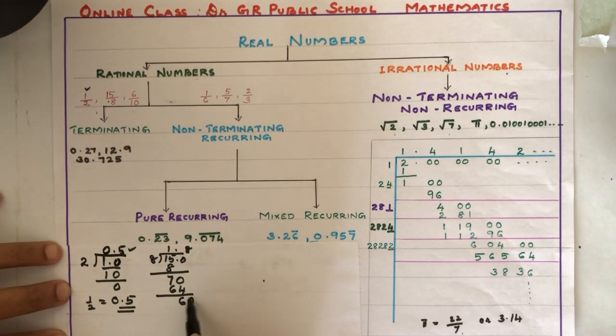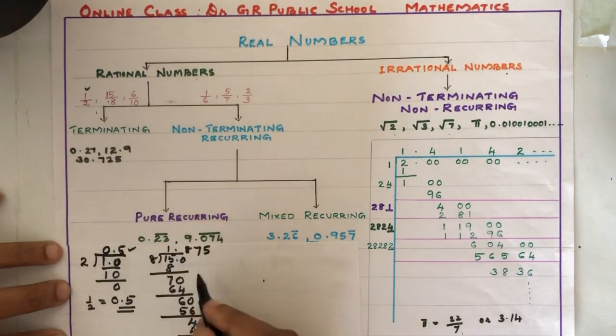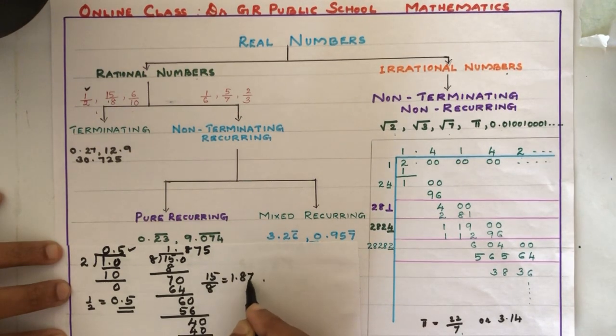Again we put one more 0. Now 7 times 8 is 56, now 4 balance. Put 0. 5 times 8 is 40, remainder 0. So here also we could complete the division. So the decimal form of the rational number 15 by 8 is equal to 1.875, terminating decimal form. Isn't it?